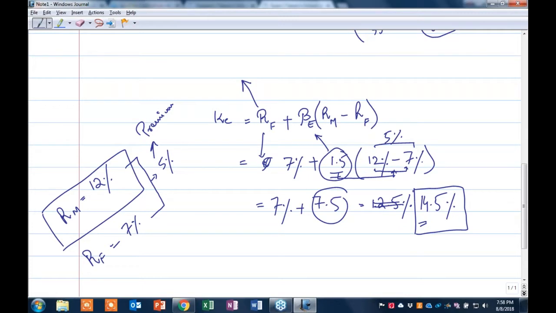Any questions? It's equity beta. It's not B, it's the sign of beta.